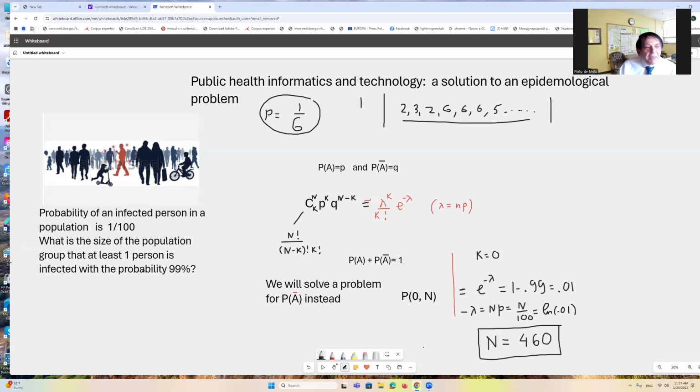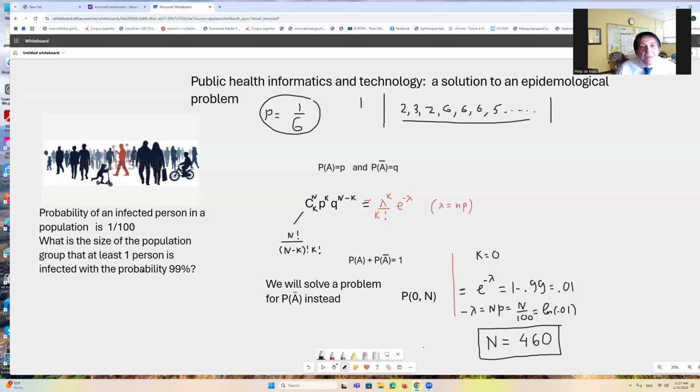What has to be the size of this group of people so that with 99% probability it has 1 or 2 or 3 people who are infected? It's the same thing when you look at this problem with a die. You can ask how many times you have to throw a die to get at least one.